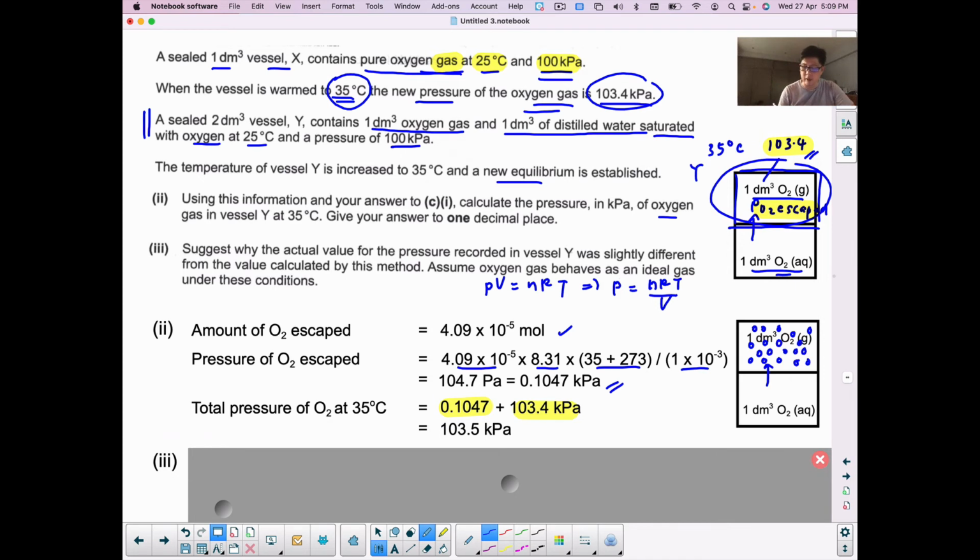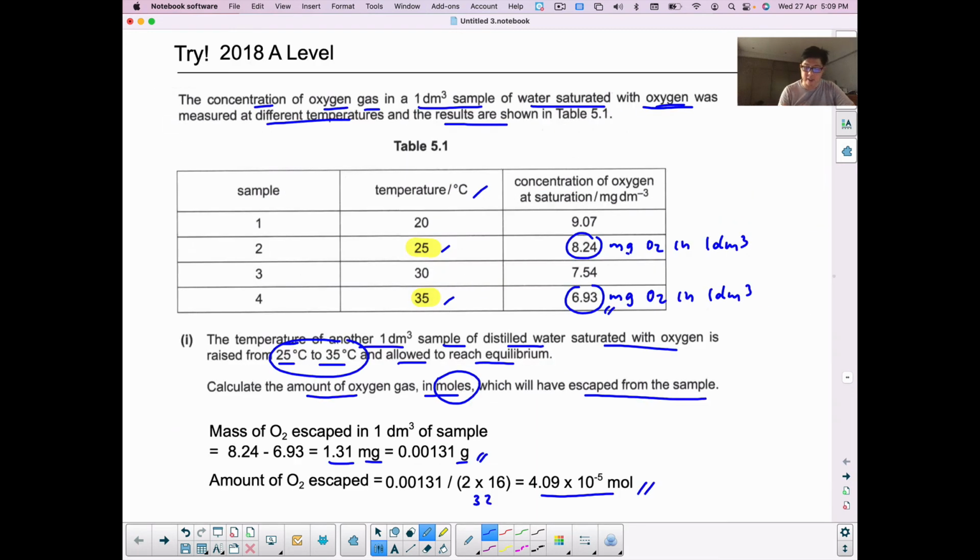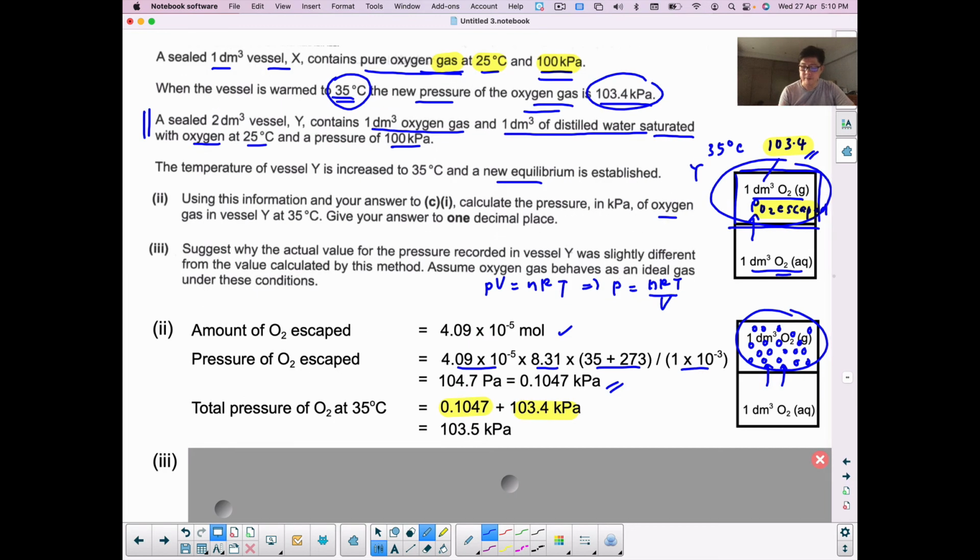If it's up there, saturated with pure oxygen, it will prevent the oxygen from the aqueous layer from escaping. Previously in this example, we don't have pure oxygen above the saturated solution. But for this question, there's already pure oxygen above.